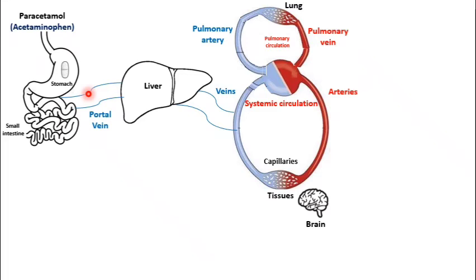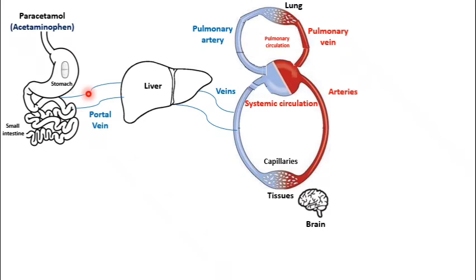So we now have our paracetamol in the systemic circulation. Now our paracetamol can reach its target, can reach the brain, and now we can take the intended therapeutic effect we need.